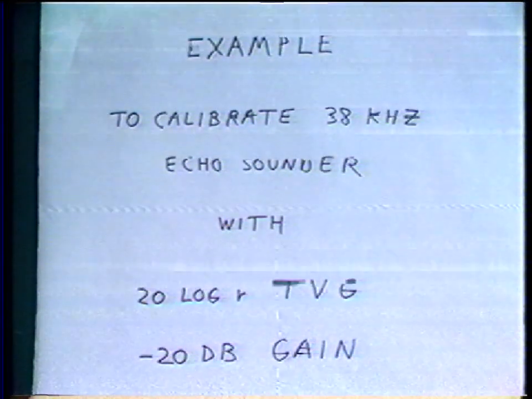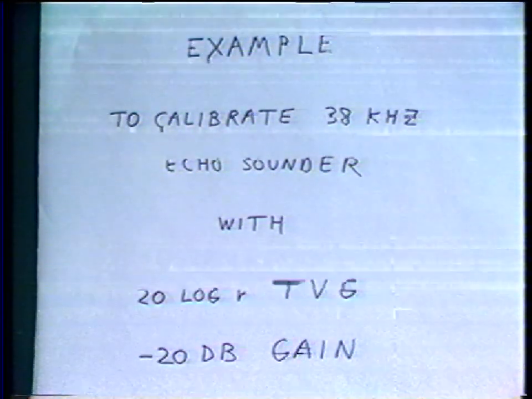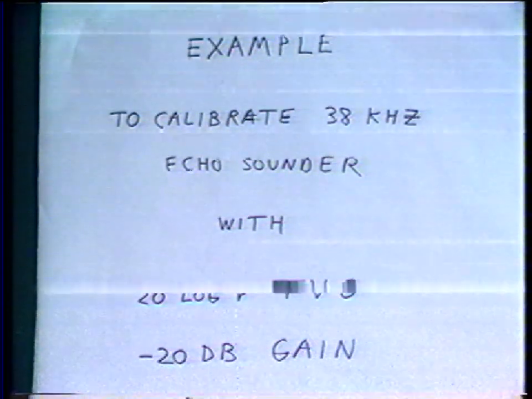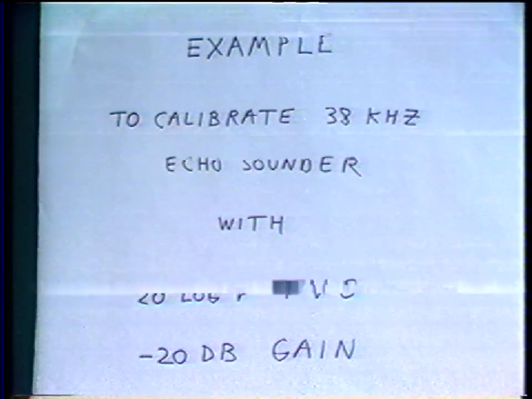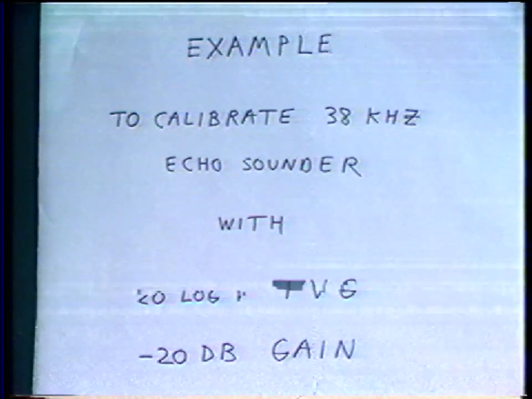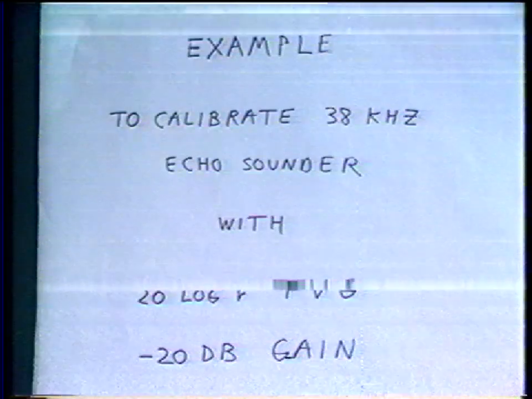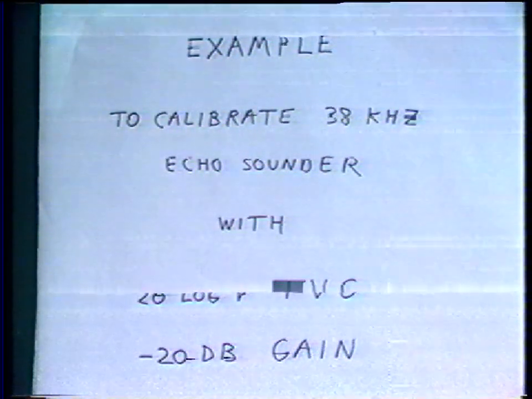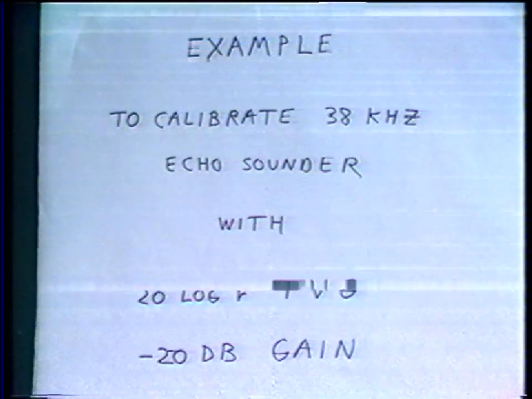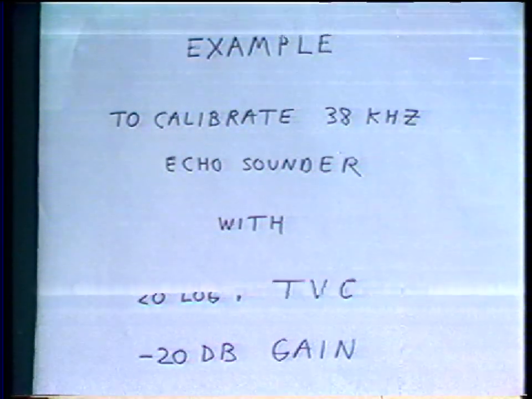In order to illustrate the computational side of calibration, we consider a practical example. This is calibration of a Simrod EK38 echo sounder and attached echo integrator. The system is to be calibrated for the 20 log R time-varied gain function and use of the -20 dB attenuator setting. After centering the sphere in the transducer beam, the time delay from signal transmission to echo reception is measured on the oscilloscope.